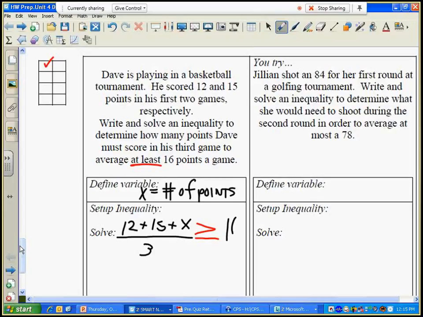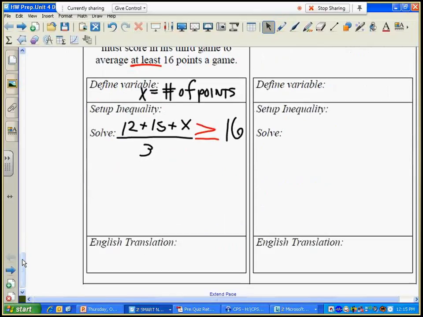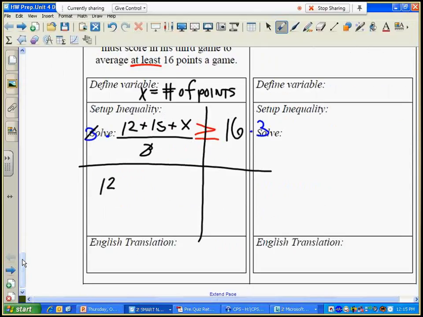Okay. Once we have that set up, now we can solve it. Since we divided by 3 over here on the left last, we'll multiply by 3 first in the process of solving. Okay. 3's cancel out. We get 12 plus 15 plus x is greater than or equal to 48.